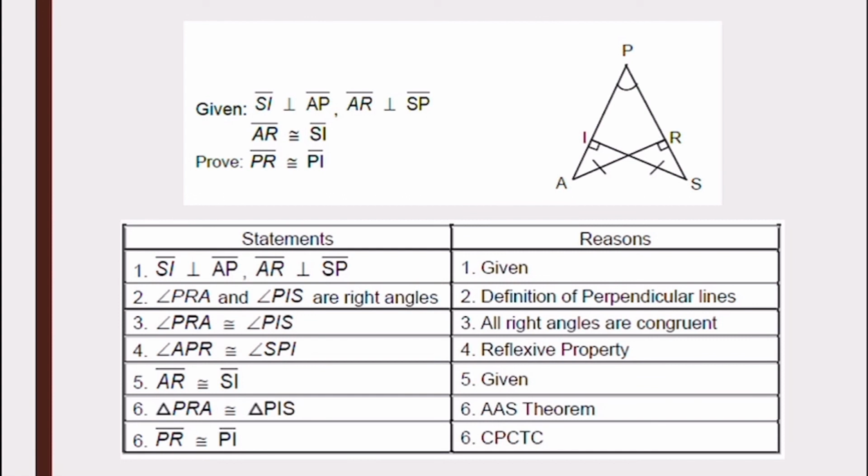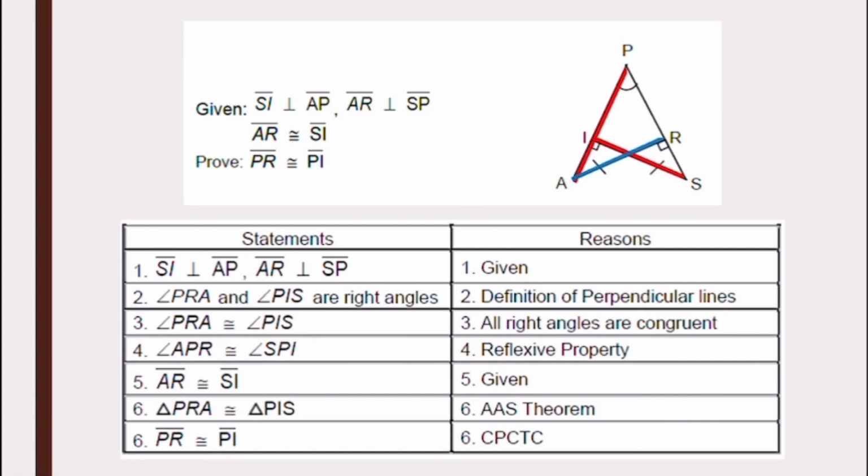That is by AAS theorem. And for our last statement, that is not 6, that is 7. For our seventh statement, we have line segment PR is congruent to line segment PI. That is by CPCTC.